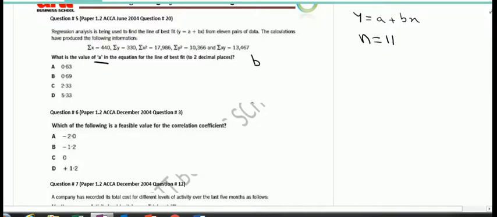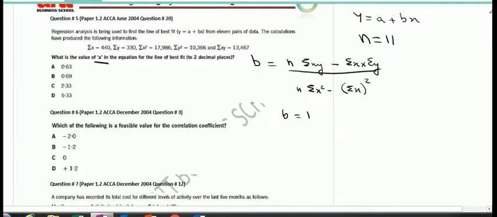For A we need to have B, and B is n times summation of xy minus summation of x into summation of y, divided by n times summation of x square minus summation of x whole square.